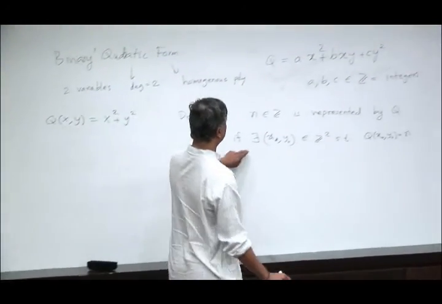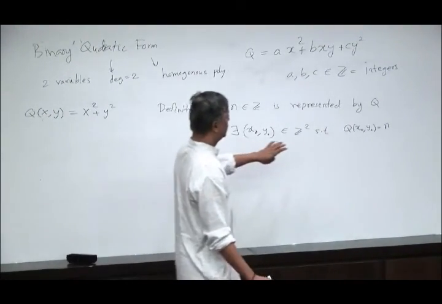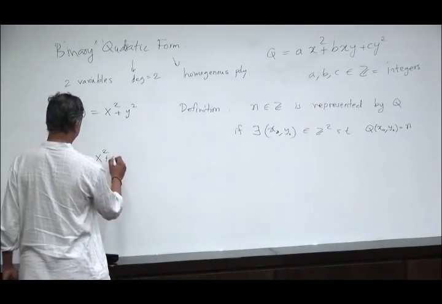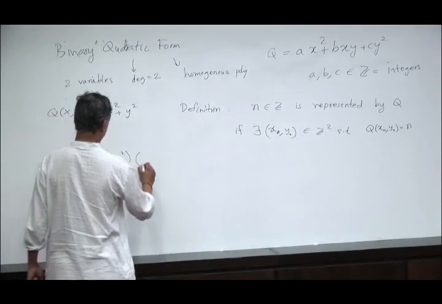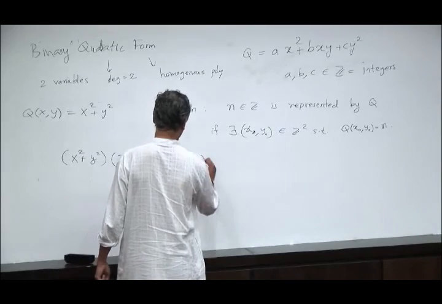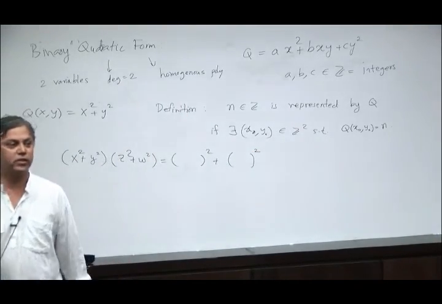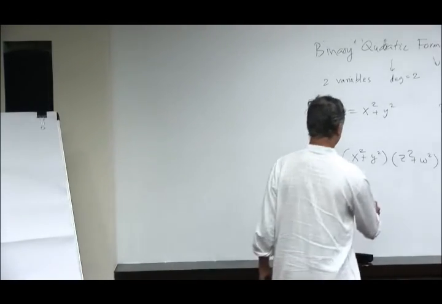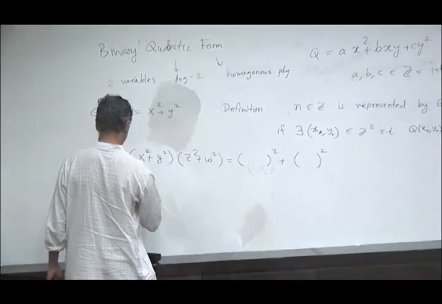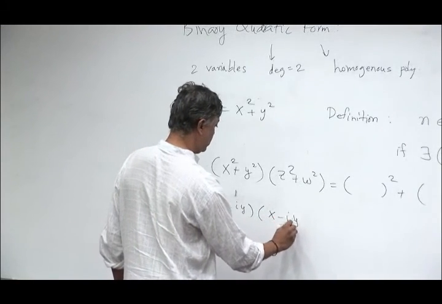This one can reduce. So in the case of sum of two squares, because of the following identity. So what is the identity that we have? We can take this, we can take that, and we want to say that this is also a sum of two squares. A lot of people would know this identity. This comes as follows. I can write this as x plus i y times x minus i y.